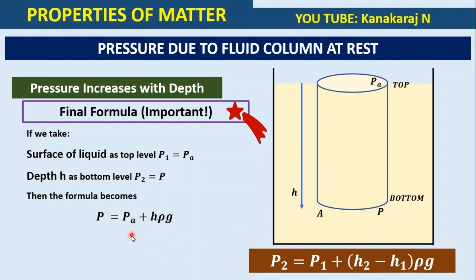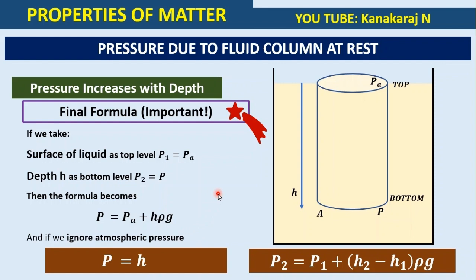Pa is the atmospheric pressure and P is the pressure at a depth H from the free surface. H is the depth. And if we ignore the atmospheric pressure, then P equals H rho g. The pressure depends only on the depth but not on the area.